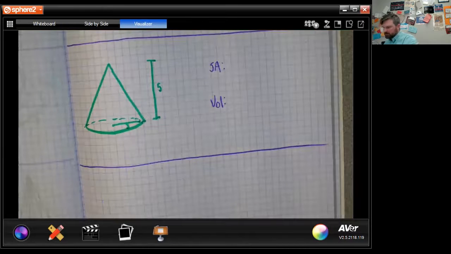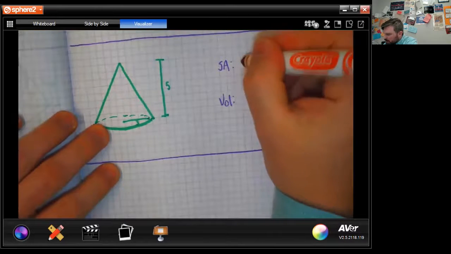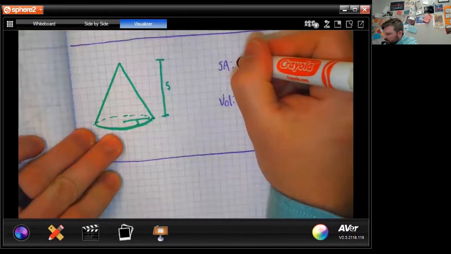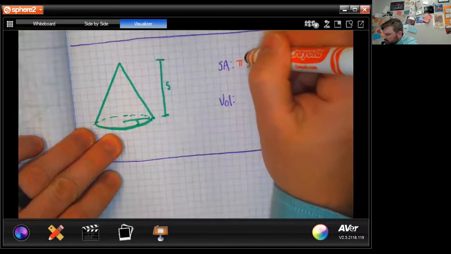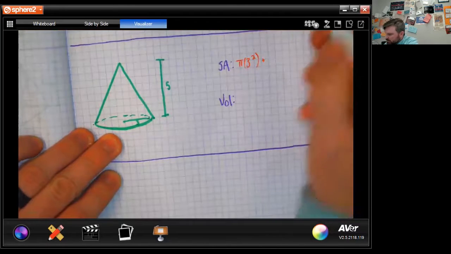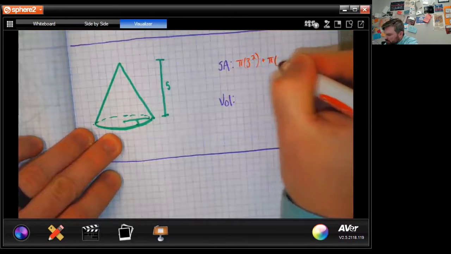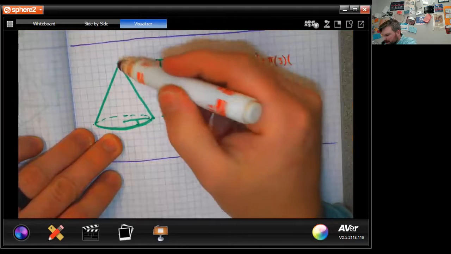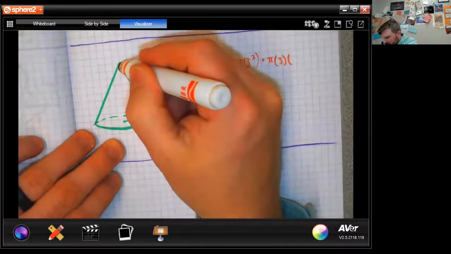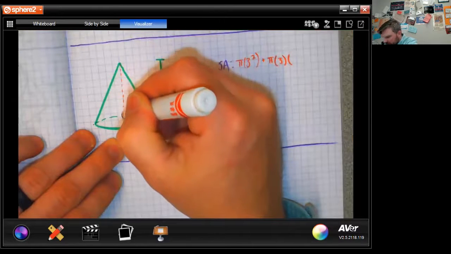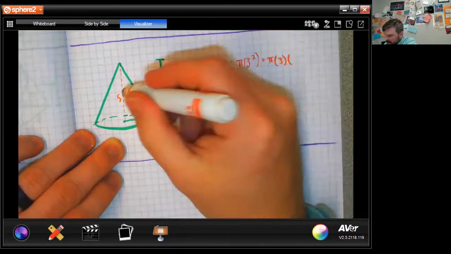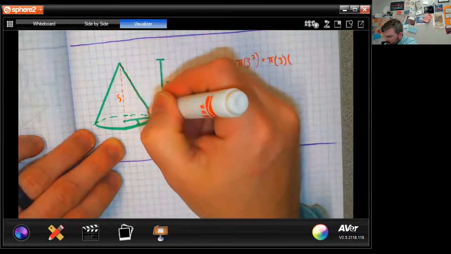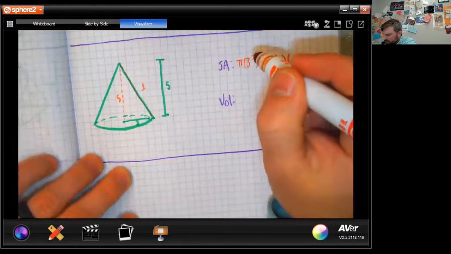Okay, for our surface area, we're going to take pi, that's the area of the base. So pi r squared, so 3 squared, plus pi times the radius, which is 3, times the slant height. Now I know already that this height is 5. That matches that height. And I need to find this height, which is L. Okay.